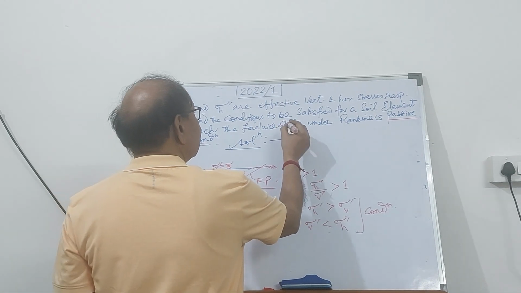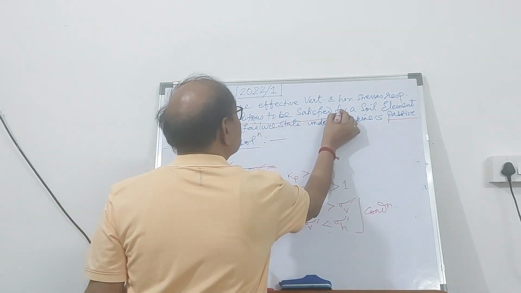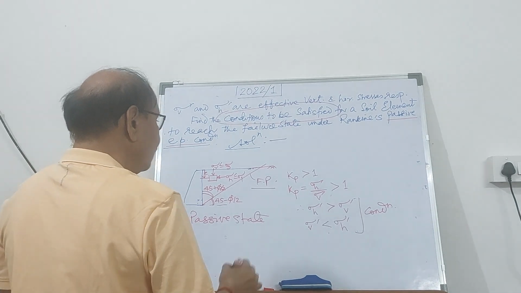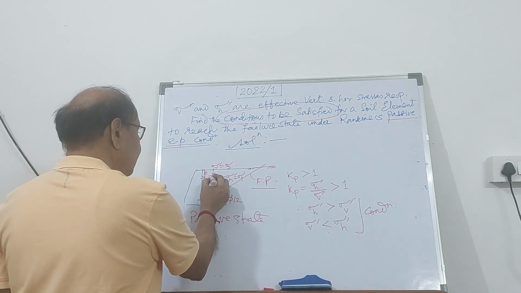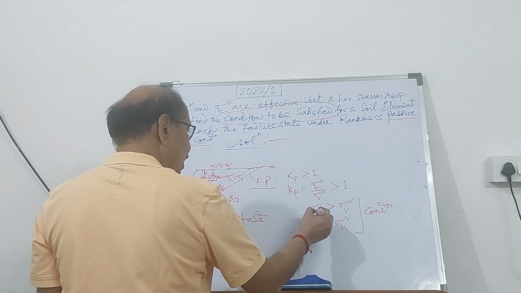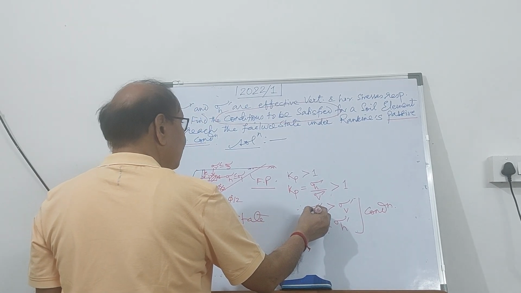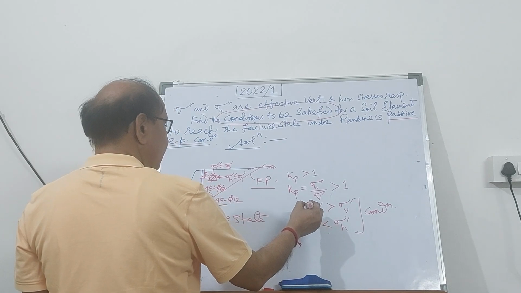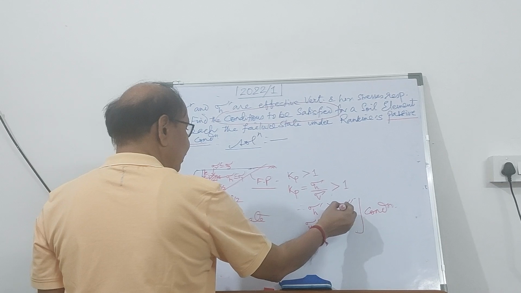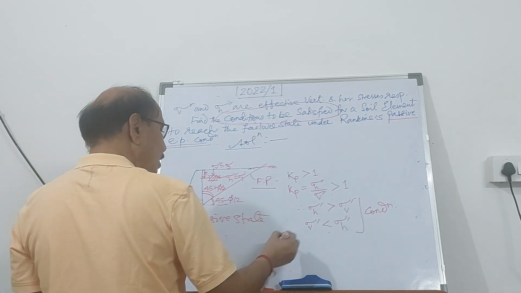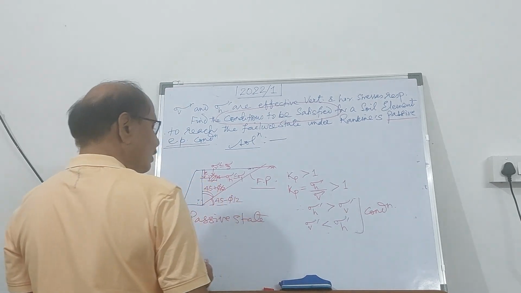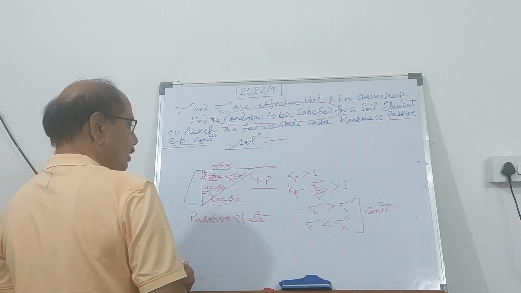So here, what conditions are to be satisfied for a soil element? The condition to be satisfied is that the effective horizontal stress will be greater than vertical, or vertical will be less than horizontal stress.